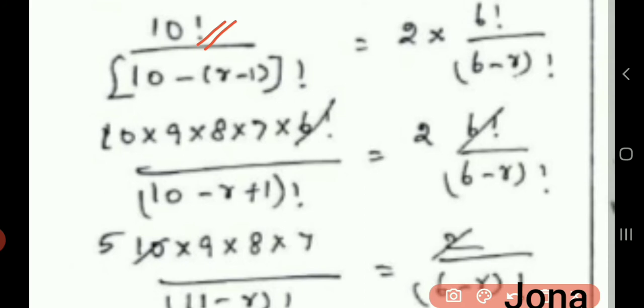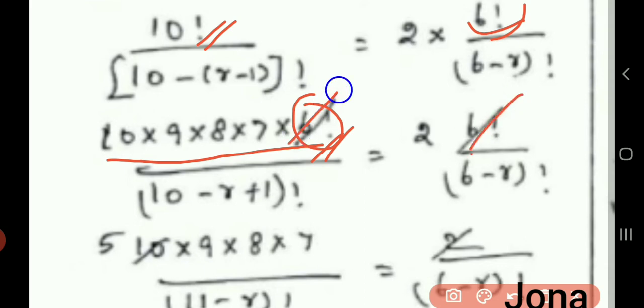But on the right hand side we have 6 factorial, so I want to stop at 6. So I write 10 to 6 in decreasing order, and for the rest I put 6 factorial, which is 6 to 1. Since we have a 6 factorial on the right hand side, I can cancel these 6 factorials.